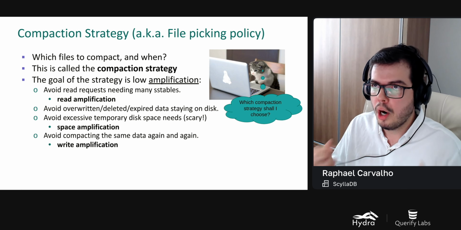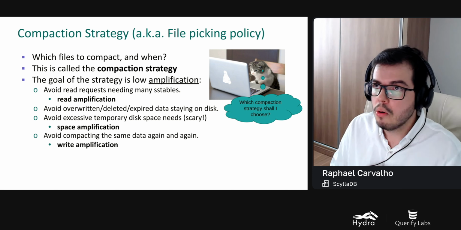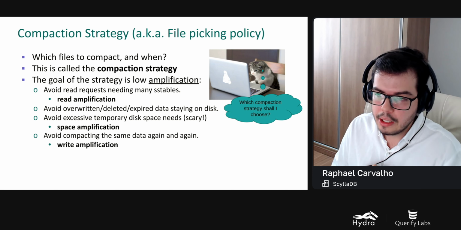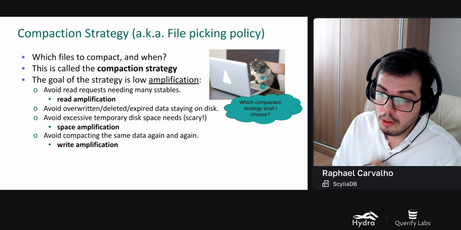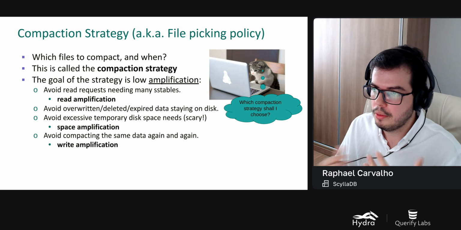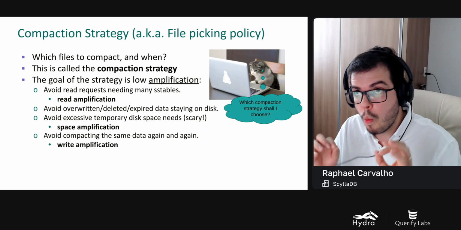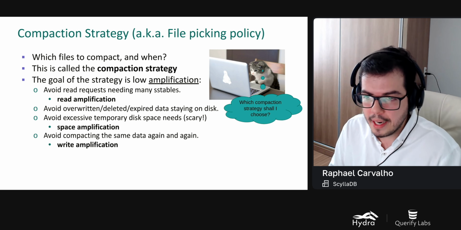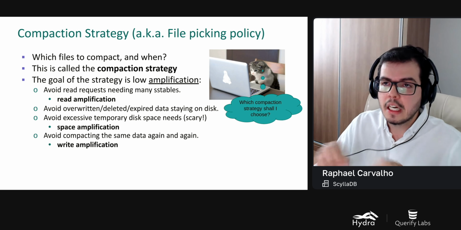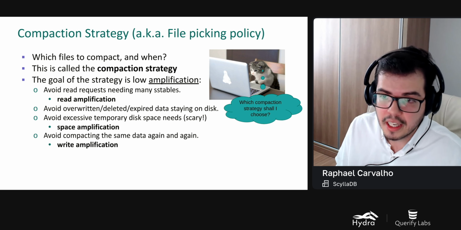It's a pluggable property of the database, so each table can have its own compaction strategy, because different tables may have different workloads. One could be write intensive, whereas another could be more read intensive. So the right compaction strategy, which is when and which files to compact, depends completely on your use case. There is no global universal compaction strategy which is good for everybody. That doesn't exist.